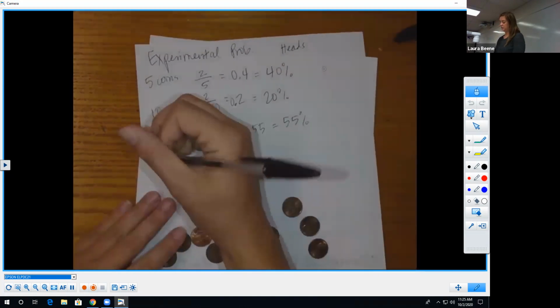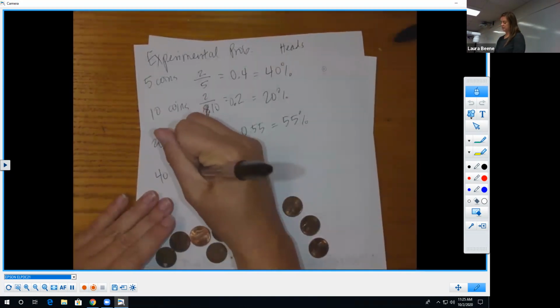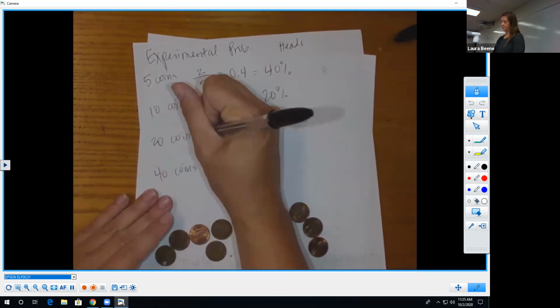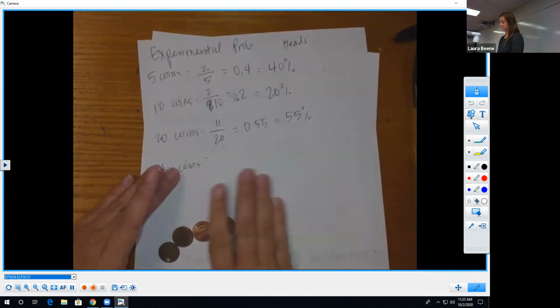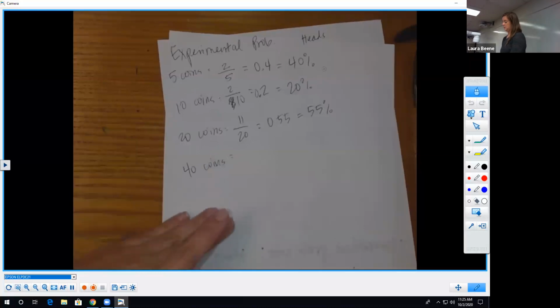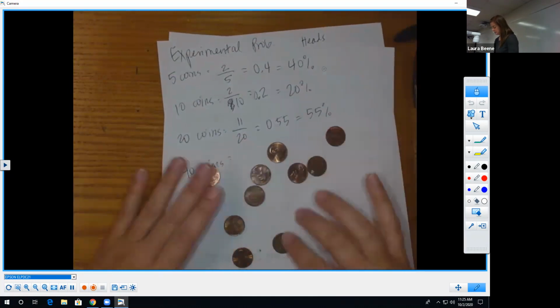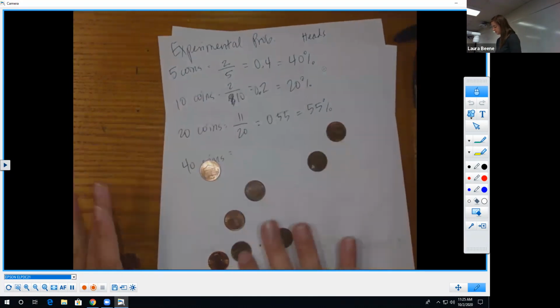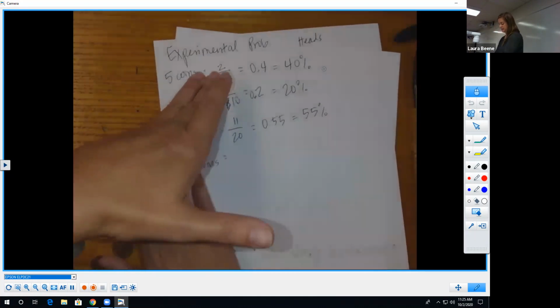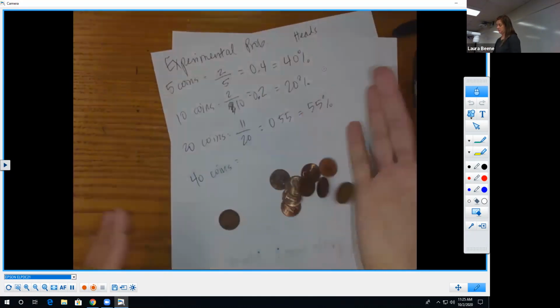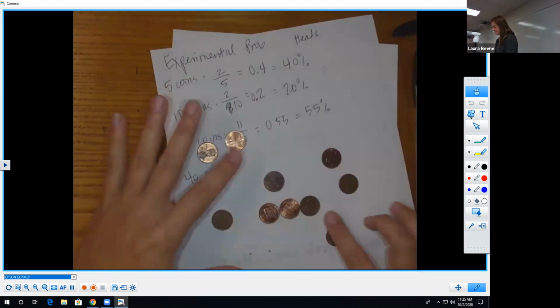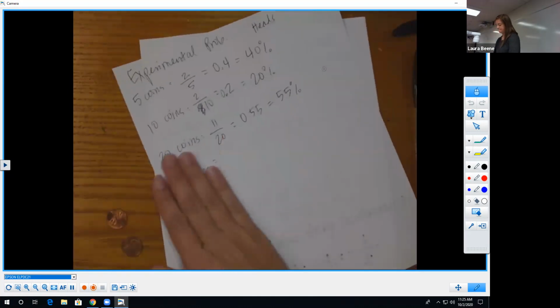This time, let's do 40 coins. So I need to toss these 10 coins 4 times. Here's the first toss: 1, 2, 3, 4. So 4 heads. Then 5, 6, 7, 8 heads.